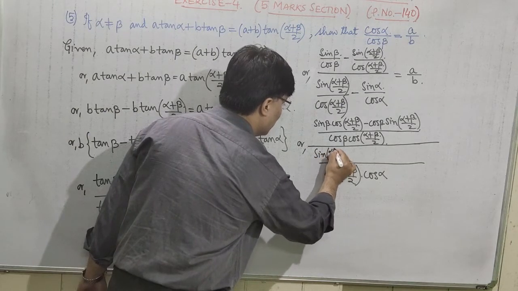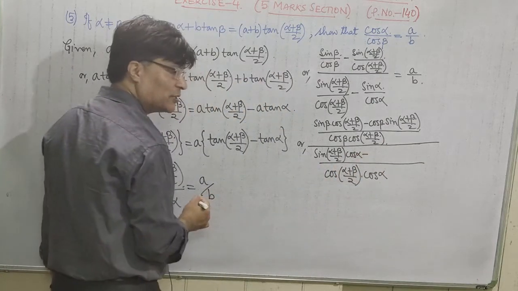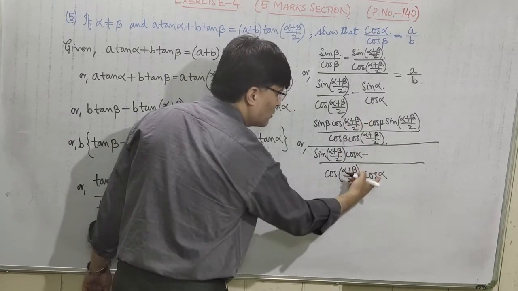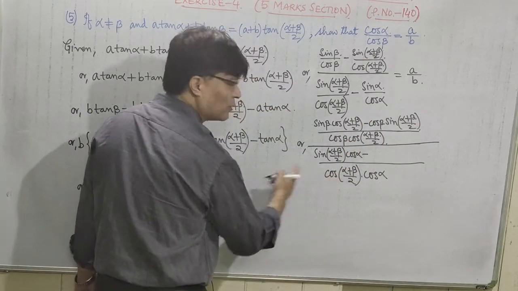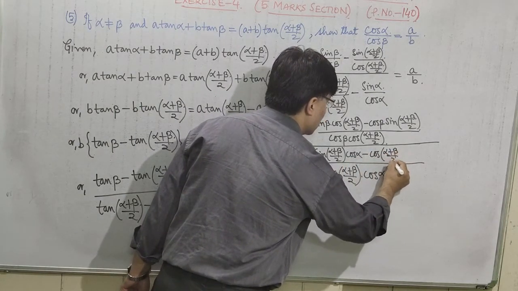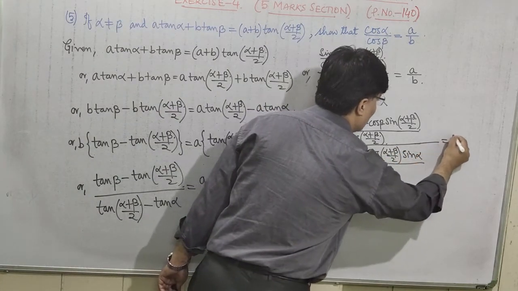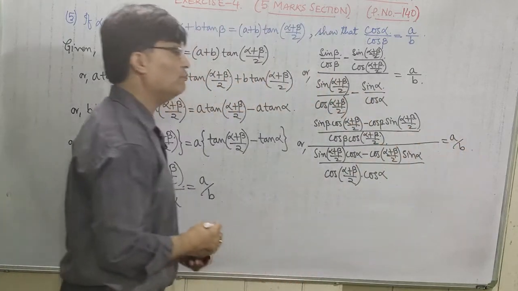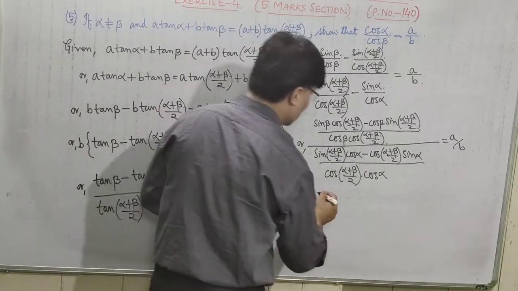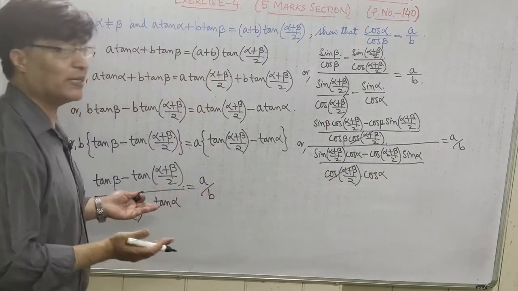So that is sin of (alpha plus beta)/2 into cos alpha, minus, now again this LCM divided by cos alpha gets cancelled, you will have cos of (alpha plus beta)/2 into sin alpha, which is equal to A by B. So I think you have understood it. You can cancel the cos of (alpha plus beta)/2 from numerator and denominator.